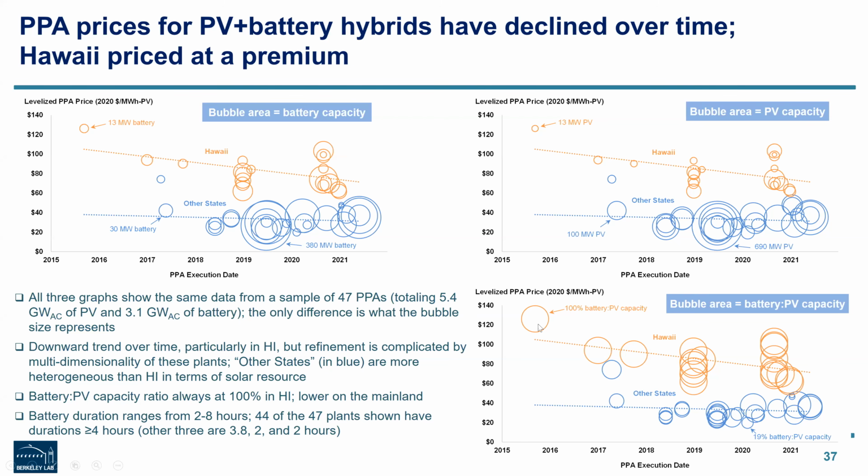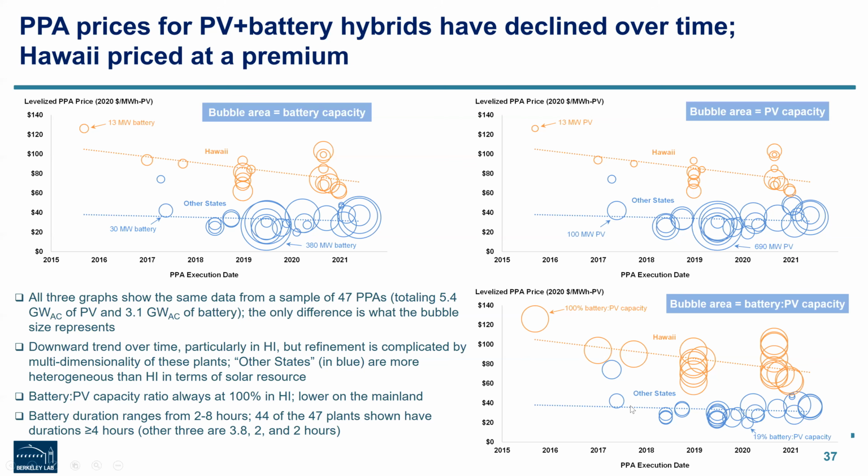Second thing to note here is that these hybrid PPA prices have declined seemingly over time, whereas on the mainland, that decline has been much more gradual. And again, this could potentially be attributable to this battery to PV capacity ratio. Whereas in Hawaii, it's been fixed at 100% over time, taking that variable out of the equation.